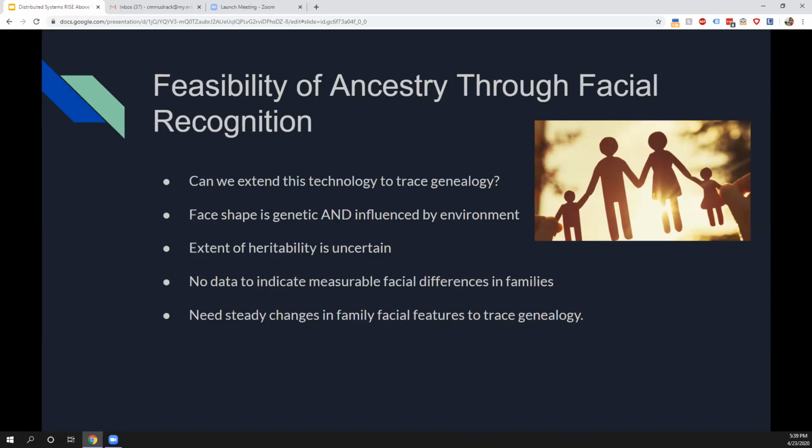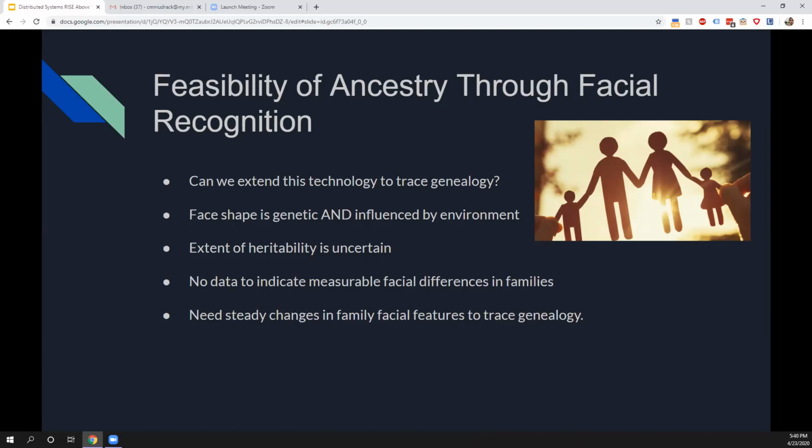So with that, we were asking the question and going into the fact that there's not really enough data and enough distinguishing features in a certain family or a certain bloodline to really determine that. And that's kind of the conclusion we came to, was that because there's not enough data to determine that there's a specific region or part of the face that can determine to that level of accuracy and to that level of specificity.